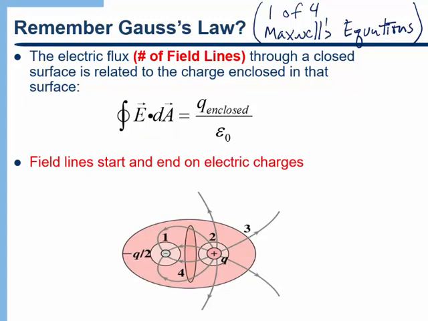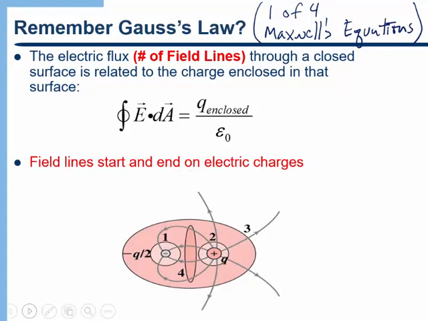So the flux is equal to the charge enclosed divided by epsilon naught. Notice too that field lines always start and end on electric charges. Okay, so that's important, and that's why if we have a net charge enclosed, it means we either have to have field lines coming in or going out of the surface.